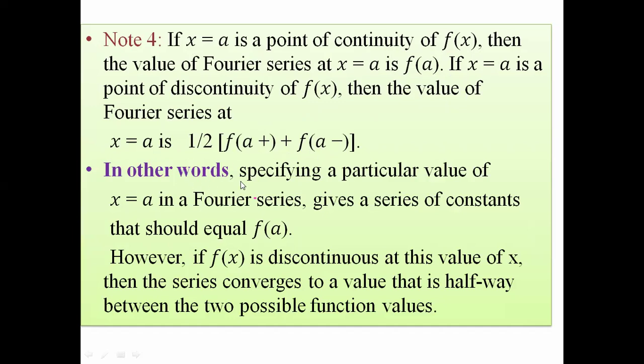So in other words, specifying the particular value x equal to a in a Fourier series gives a series constant that should equal f of a. However, if f of x is discontinuous at this value of x, then the series converges to the value halfway between the two possible function values.